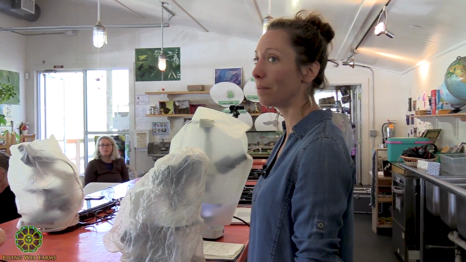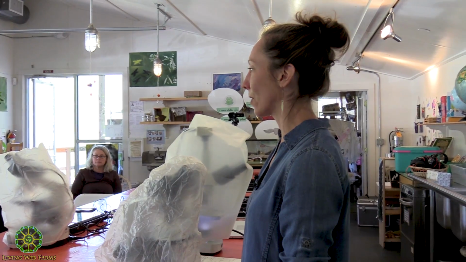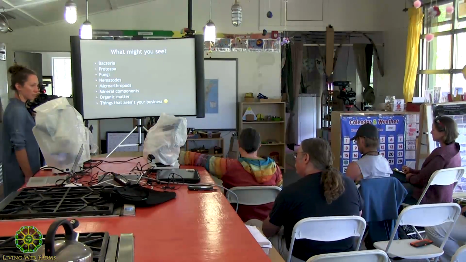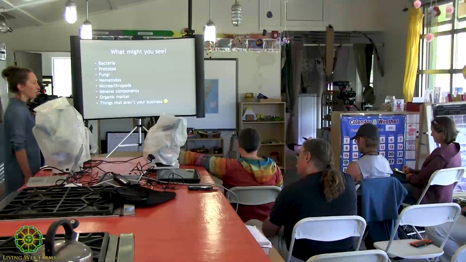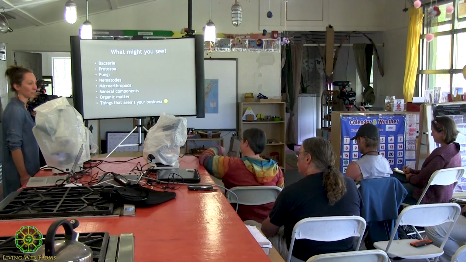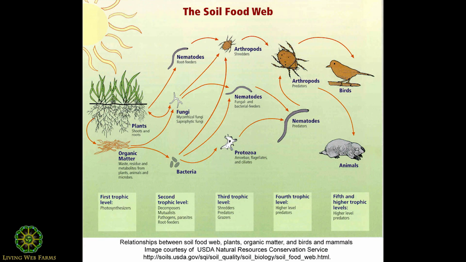So when they get eaten by things like protozoa or nematodes, the nutrients in their bodies are being released for plants to uptake, right? So we need the bacteria, but we also need the things that eat the bacteria. What we're looking for is an intact food chain. In other words, when we say the word soil food web, that's what we're talking about. We want a diverse, dynamic, living, dying, eating, pooping array of organisms in the soil.